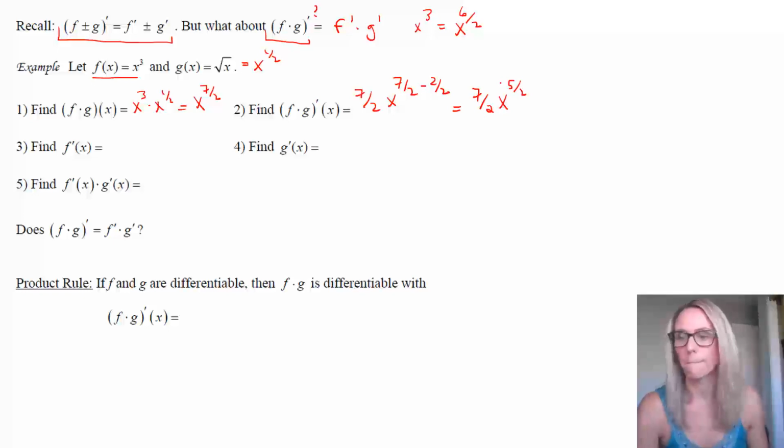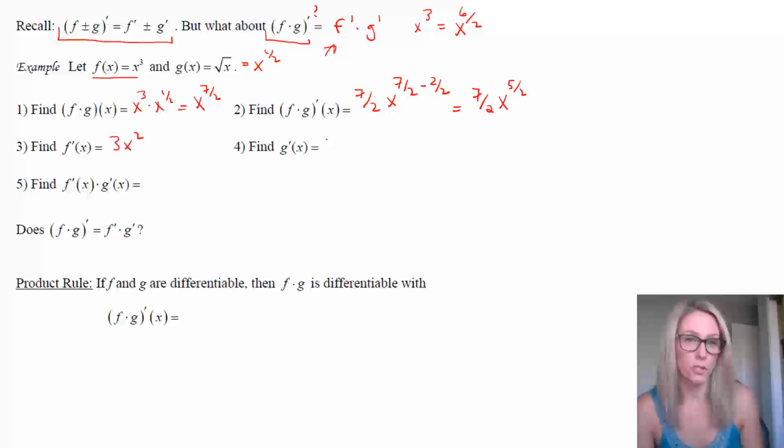Okay, now let's do it in pieces and see if this is true. Can we take the derivative of each piece, multiply them together, and get the same thing? We take the derivative of x cubed, and the derivative of our g of x, following the power rule.